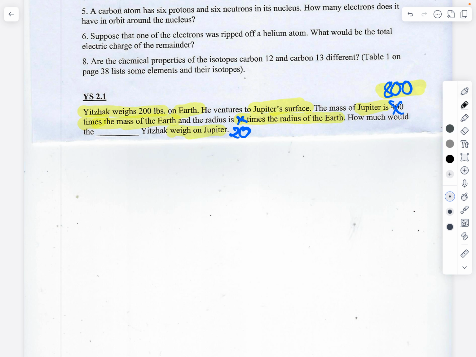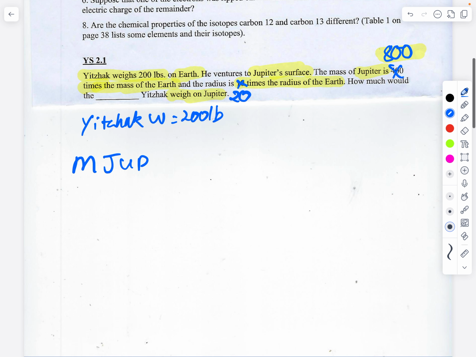So I would like to first write this info out. We know Yitzhak's weight is 200 pounds. Then the mass ratio here is mass of Jupiter over mass of Earth, because Jupiter is 800 times Earth, so I'm going to write it this way: mass of Jupiter over mass of Earth is 800.